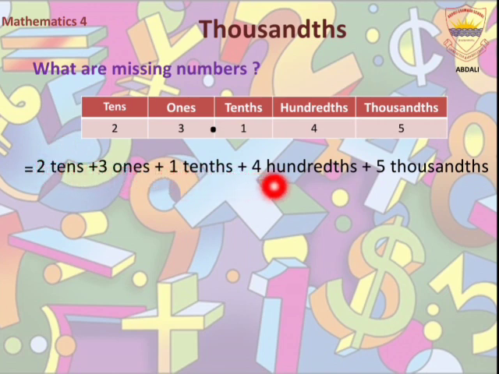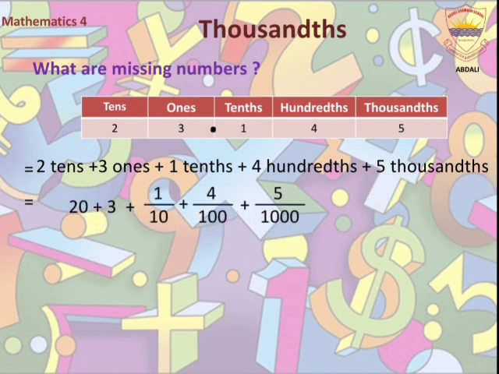We write it with place values: 2 tens, 3 ones, 1 tenths, 4 hundredths and 5 thousandths. Now student, 2 tens means we write it in digits as 20, 3 ones is 3, 1 tenth is 1 by 10, 4 hundredths is 4 by 100, 5 thousandths is 5 by 1000.